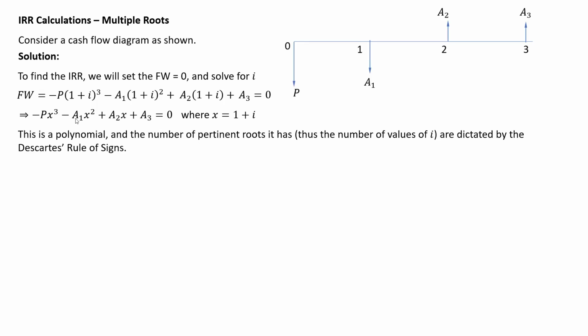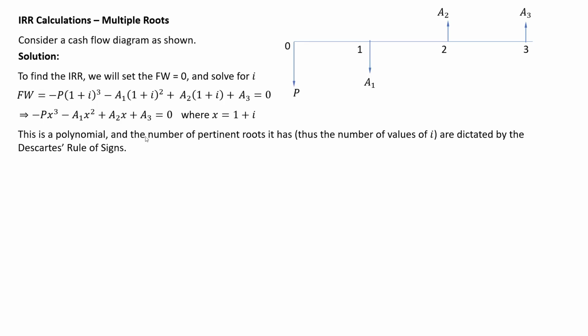Similarly, recall that a polynomial could have complex roots. When the coefficients are all real numbers, there is a rule: if there is a complex root of the form x plus iy, then automatically x minus iy, its complex conjugate, should also be a root.